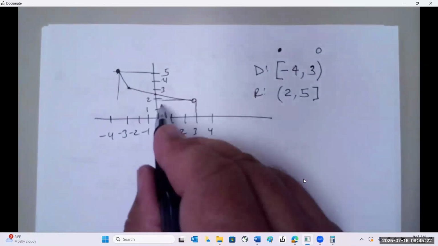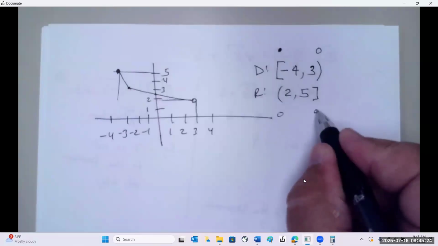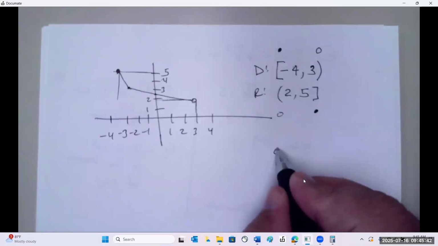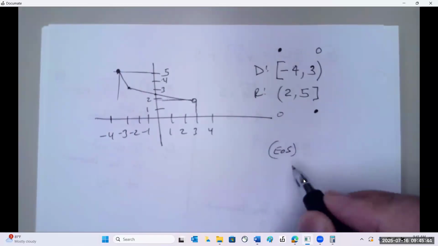Remember, 2 has an open circle, 5 has a closed circle. So far, so good. That's the end of that section.